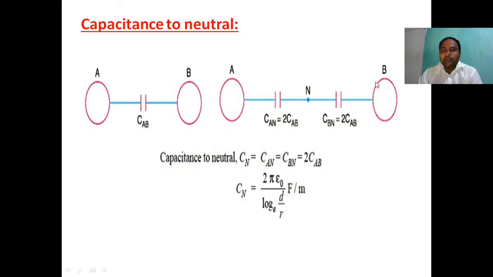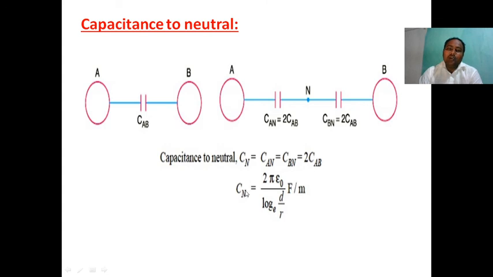Neutral to conductor B is another capacitance. If you take the neutral into consideration, the capacitance CAN becomes 2 times CAB, because neutral to conductor A has one capacitance and neutral to conductor B has another. If you consider only CAB, no problem, one capacitance. But if a neutral point exists between the two conductors, the capacitance to neutral is equal to 2 times CAB.